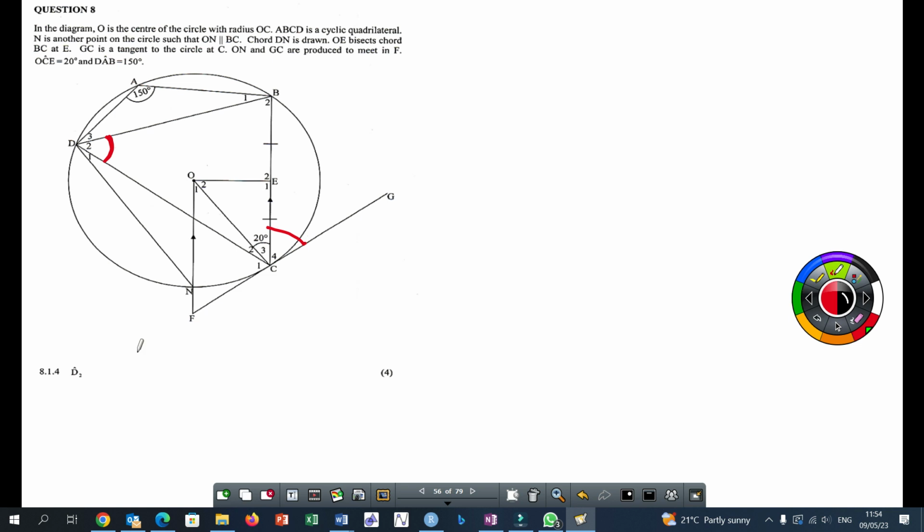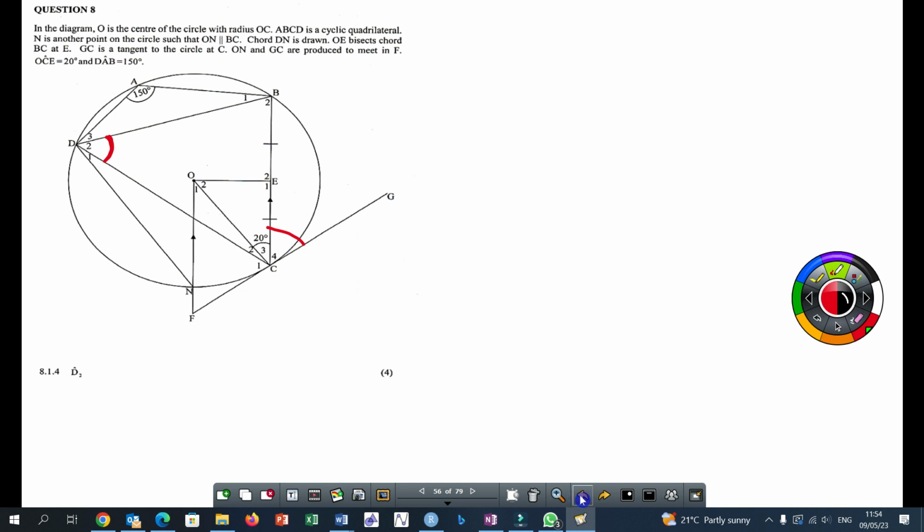Okay? So, we'll start by saying, now it's 4 marks here. You need to write things properly. So first thing, I'm going to say OC is perpendicular to... okay, I'm not going to write that.